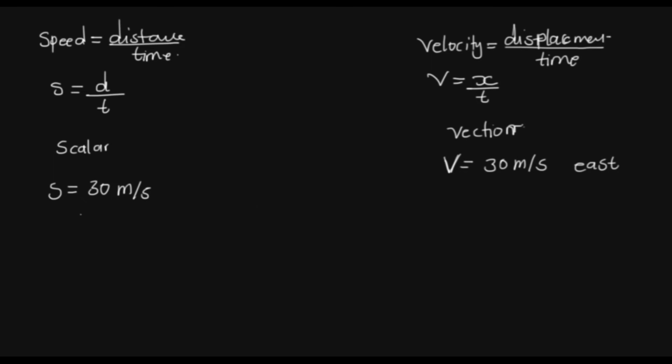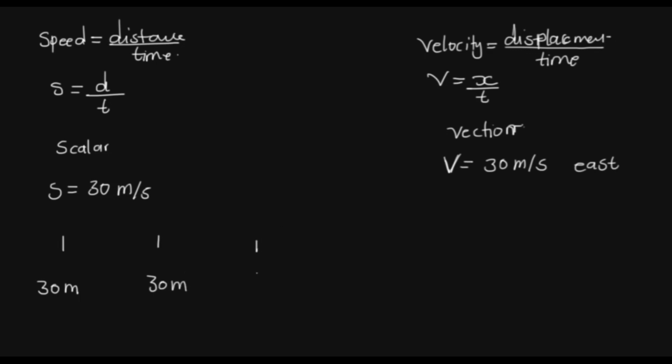Now let's look at what 30 meters per second means. If an object is traveling with a speed of 30 meters per second, it means that per second, an object is covering a distance of 30 meters. For another second, we are expecting to cover another distance of 30 meters.